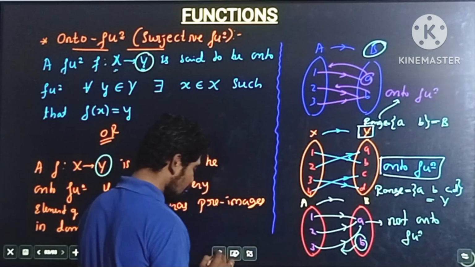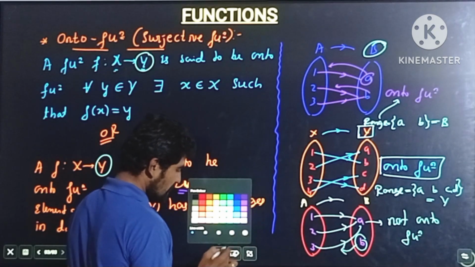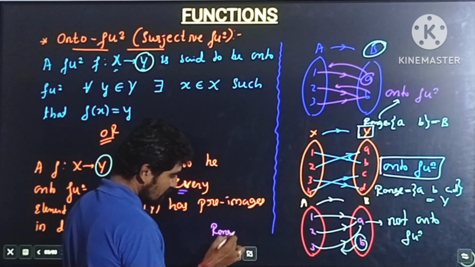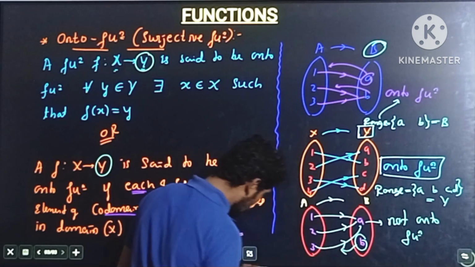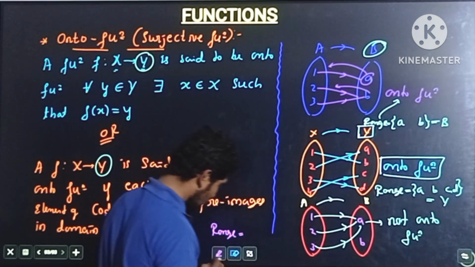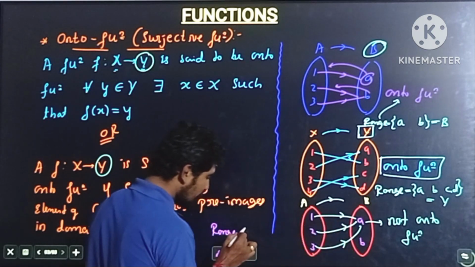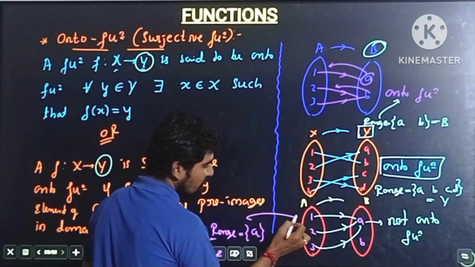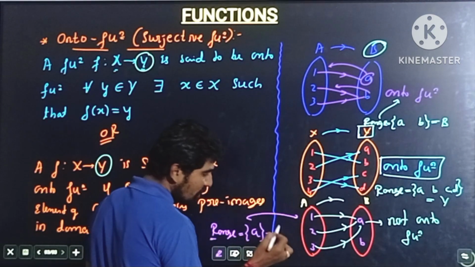Now in the third question, observe here, the range of the third function is only one output that I am getting here. That output is a. So the set consisting of a is the range of this third function. Is it equal to the codomain of the function?